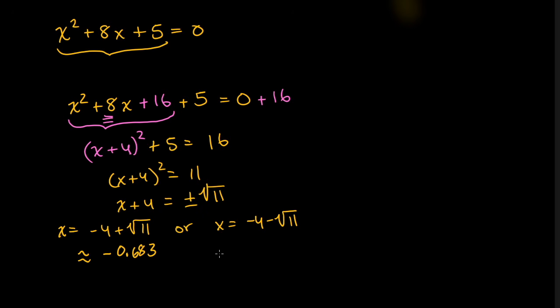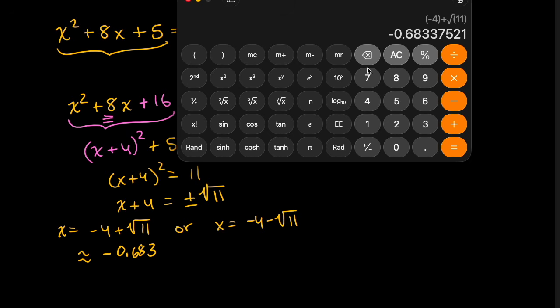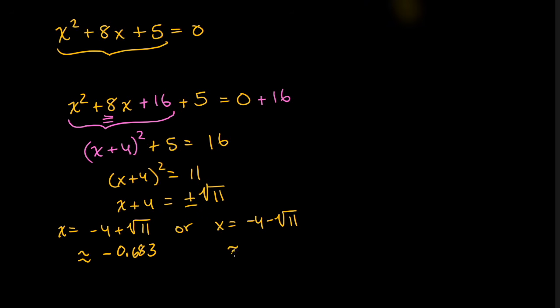And then over here, if I evaluate the other one, if I have negative 4 minus the square root of 11, close those parentheses, that is approximately equal to negative 7.317.